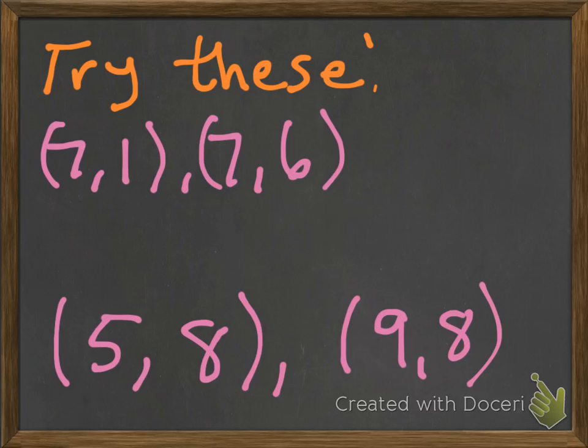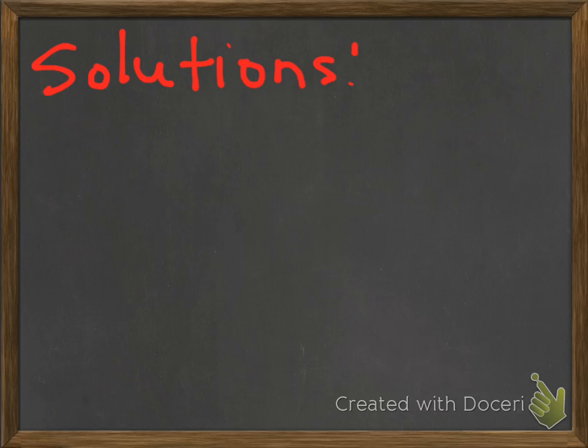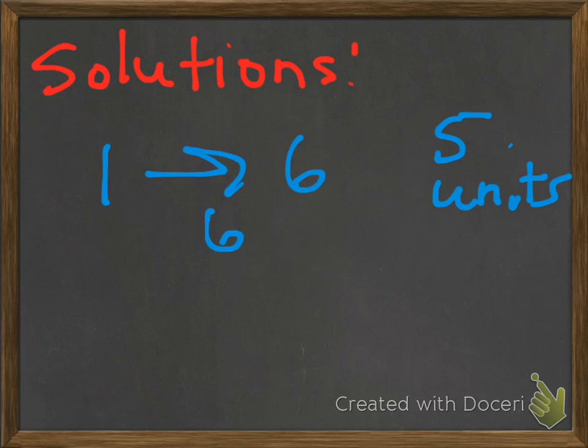If we go back, the first one is (7, 1) and (7, 6), and if you notice, they both have a 7 in the x, so now we just have to worry about the y's, the 1 and 6. So again, if you go from 1 to 6, that would be 5 units. And again, if you want to do it another way, 6 minus 1, you get 5.